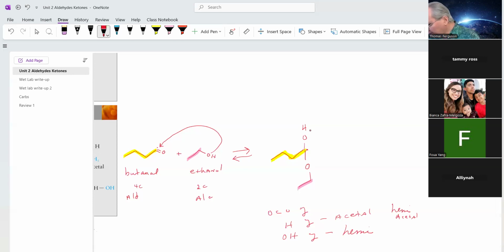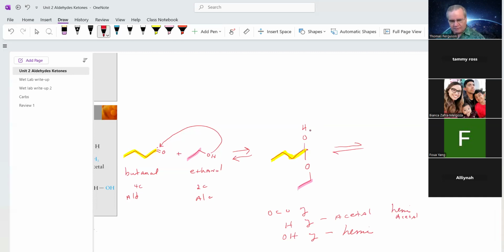Okay, so now it would stop here if there wasn't another OH present. And we're going to find with carbohydrates, there is no additional OH present because this is formed in a ring structure.